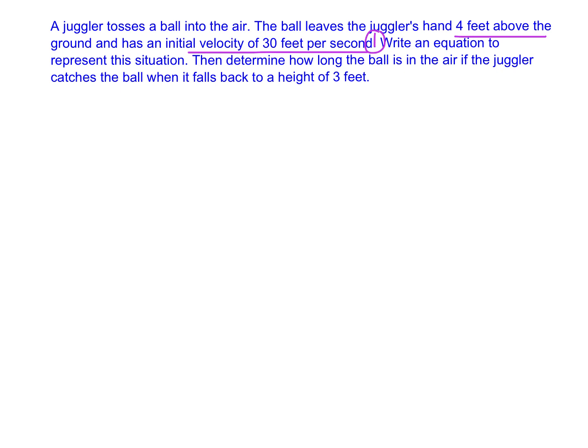We know that vertical motion is represented by this equation in general: h equals negative 16t squared plus the initial velocity times t plus the initial height. Let's find the key information. Our initial velocity is equal to 30.